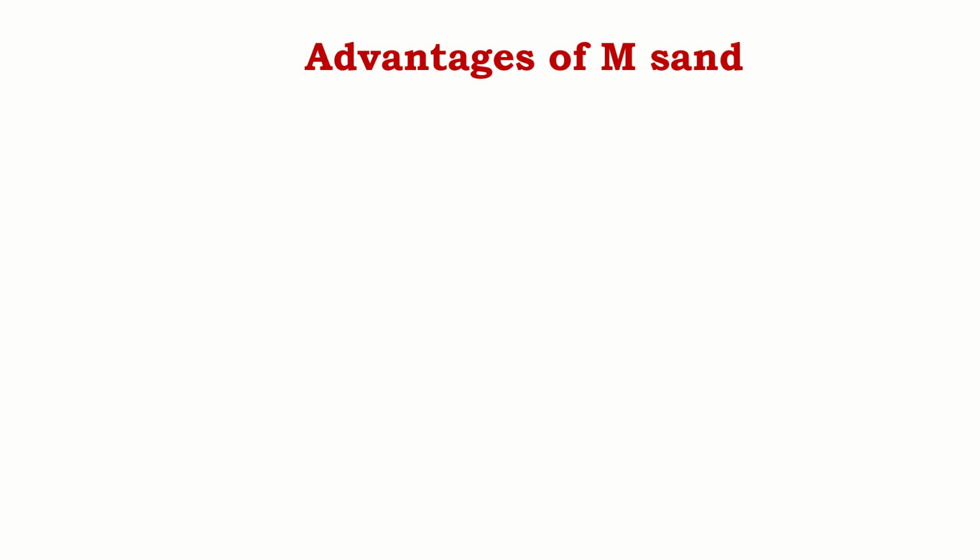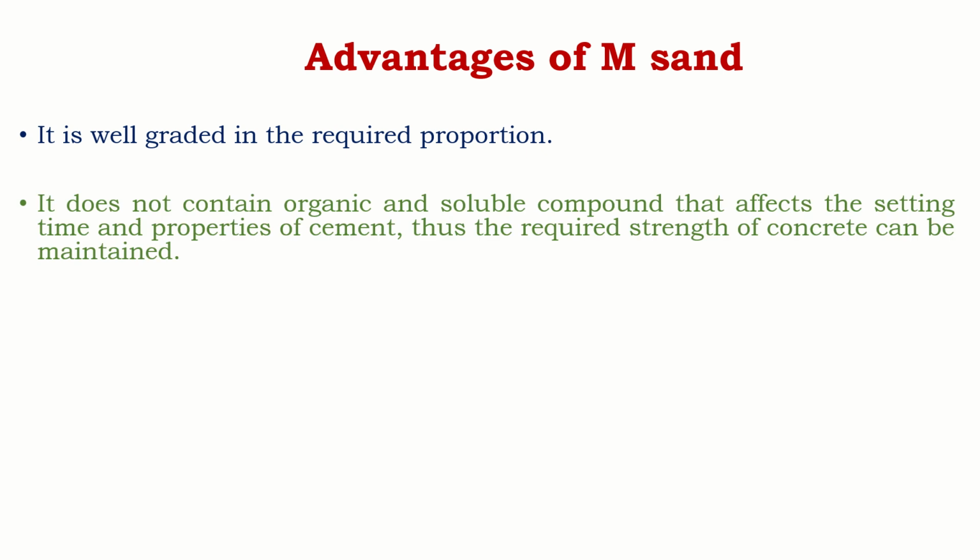Coming to the advantages of using M sand, the first thing is that it is very well graded, like all the particle sizes are almost similar to each other, a perfect particle size and texture. So it's good enough to be used in concrete, and it does not contain any organic substances or any soluble compounds, as we see in fine aggregate.